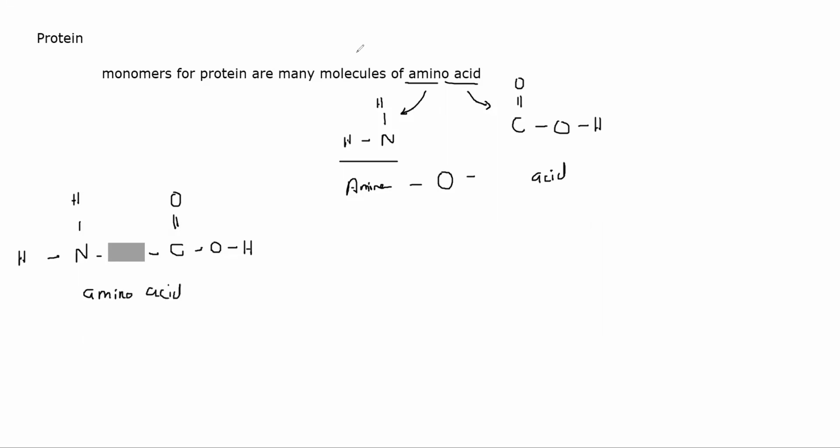Then there's another molecule of amino acid, and between them there's a carbon chain. So we use a symbolic representation. If they have an identical number of carbons, we use the same symbol. If they have a different number of carbons, we use a different symbolic representation. This is also an amino acid. I'm drawing the monomer.